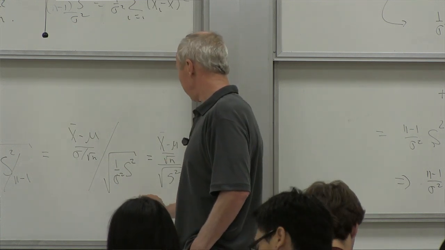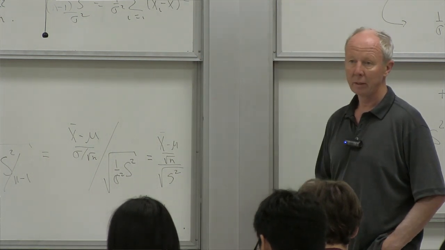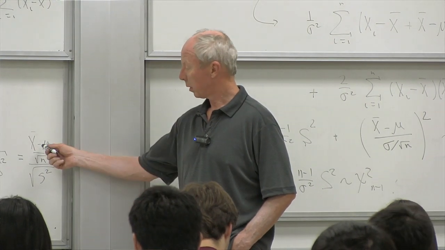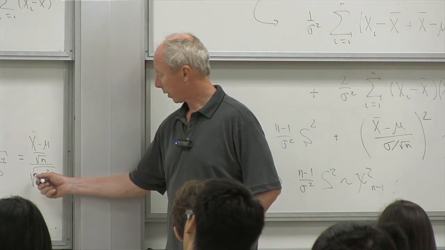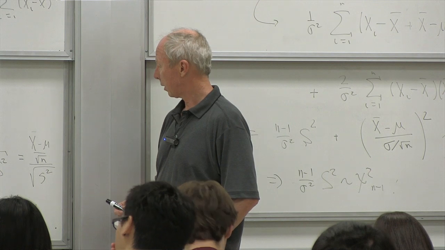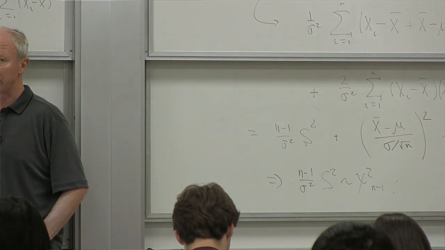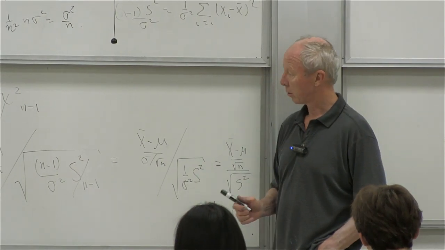This has the distribution of a t with n minus 1 degrees of freedom. And that's where t comes from, really, comparing sample mean to s squared. So I could probably put the n down here, it might look a little bit nicer. So this is where t came from originally, comparing sample mean to sample variance. Okay, so let's take a break.